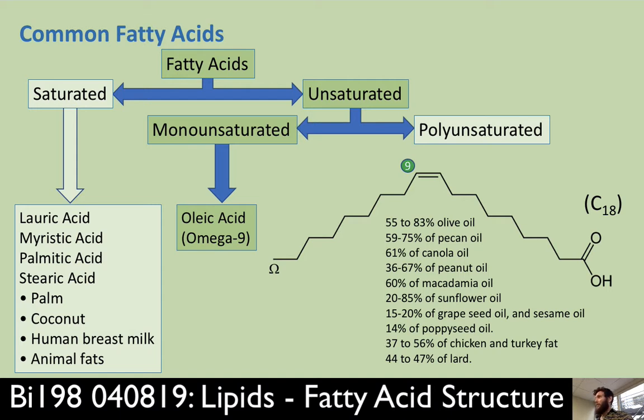But it's in olive oil. So anywhere from 55 to 83% of olive oil can be oleic acid. It depends on where the olive oil was grown, what strain of olive it was made from, how it was processed, etc.